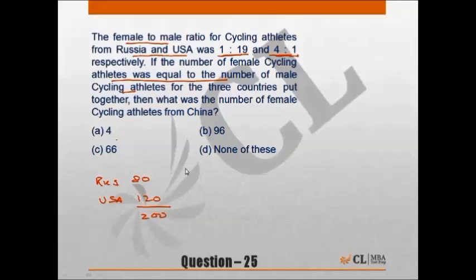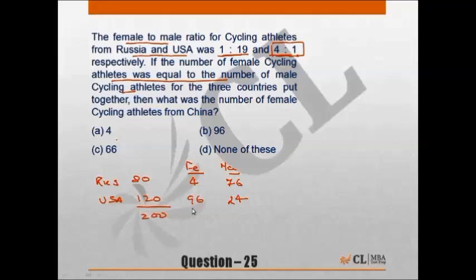And the ratio of female to male. For Russia it is 1:19, that means only 5%; 1 out of 20 is a female. So 5% or 4 are females from Russia. Similarly, when I look at the US data, 4:1 in favor of females, so that means 80%. 80% of 120 is 96, so 96 females and 24 males.